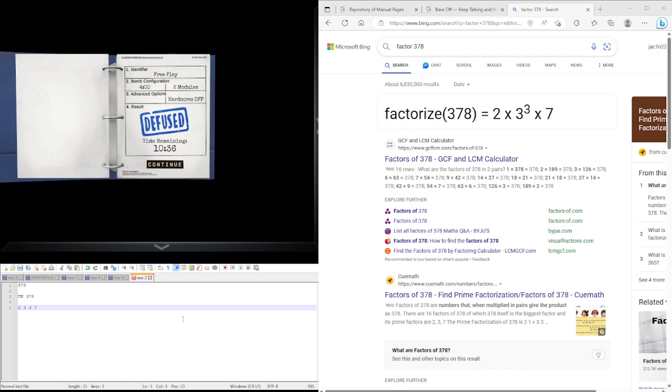Now, of course, you would think, oh, we can just split that. The easiest way to split that would be 18 and 21. Well, it was 2 times 3 times 3 times 7.